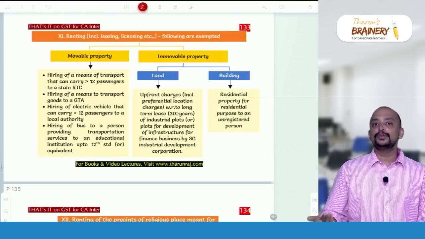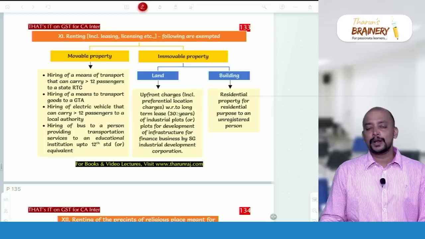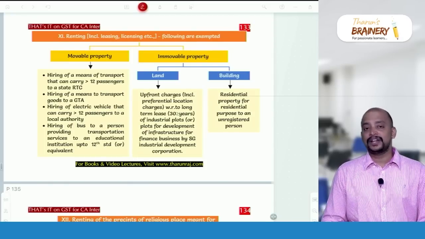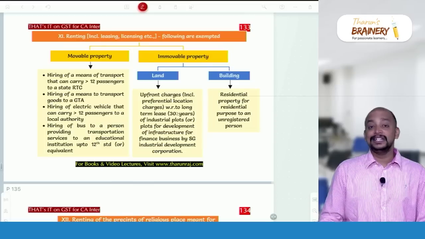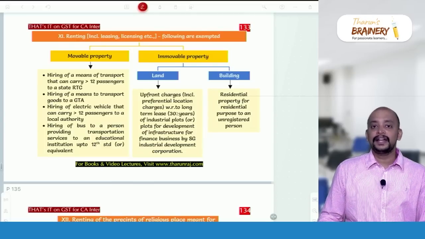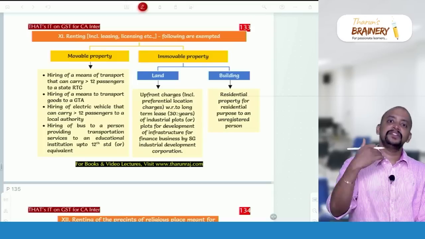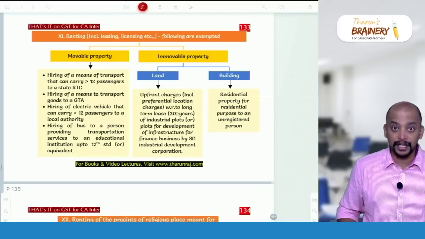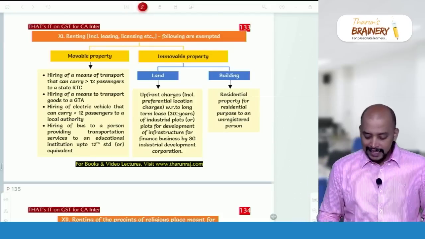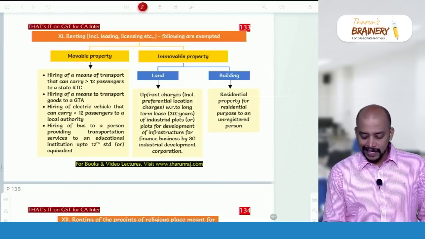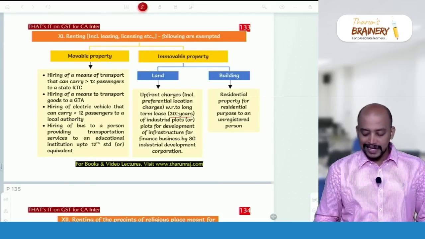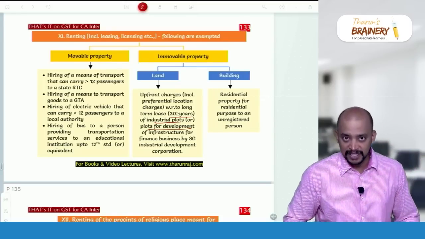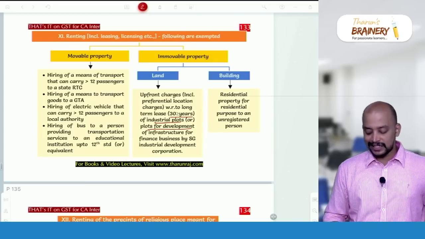Then in relation to immovable property, like sale of land, but not sale of land here, rather leasing of land. In leasing of land, an upfront amount is collected at the time when we give the land on lease. That upfront amount will be exempted, provided the land is given on lease for a period of 30 years or more, and it is an industrial plot or a plot for development of infrastructure for financial business by a state government industrial development corporation.